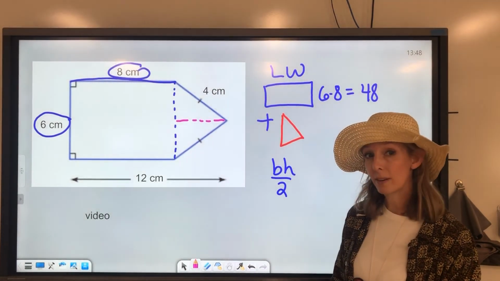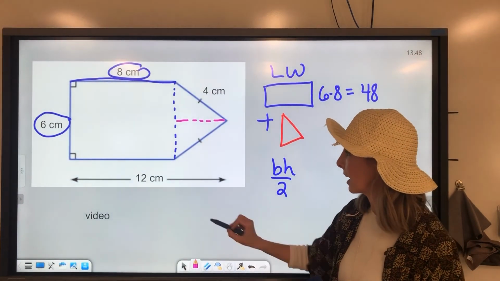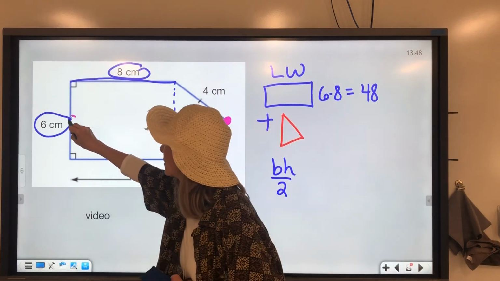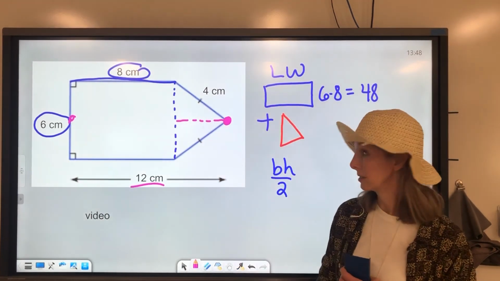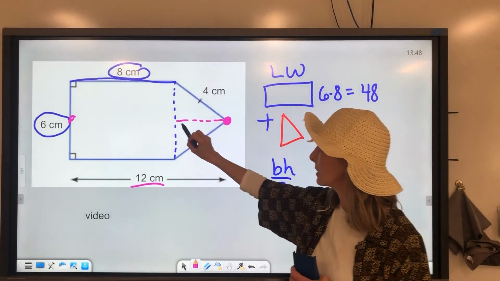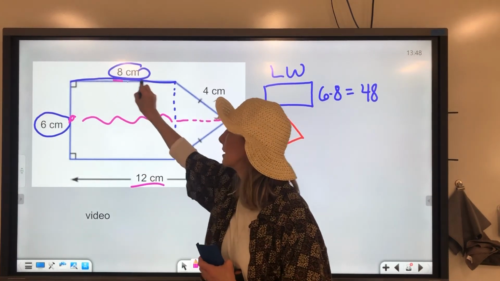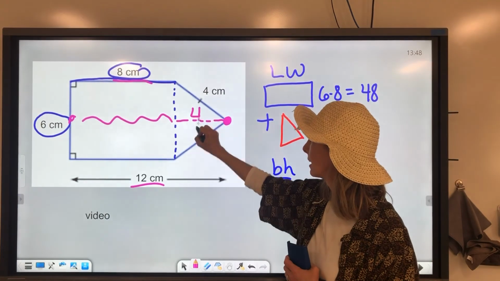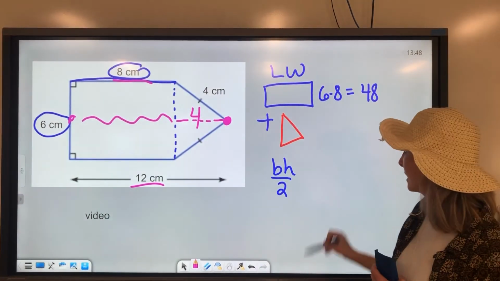Is there a way I can figure it out? Well, again, I know all along the bottom, in other words, from this tip to down here, that's 12. And I know a portion of it, this wiggle line, is 8. So 12 minus the 8, aha. That gives me 4 right there for my height.